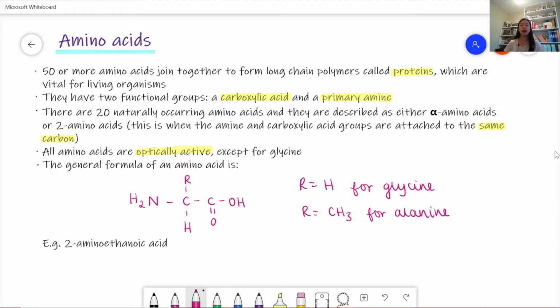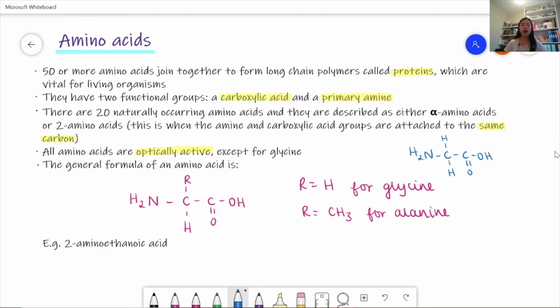So now we can see why glycine won't have optical isomers, because if we draw out the structure of glycine, H2N, and then carbon with 2 hydrogens and a C double bond OOH.